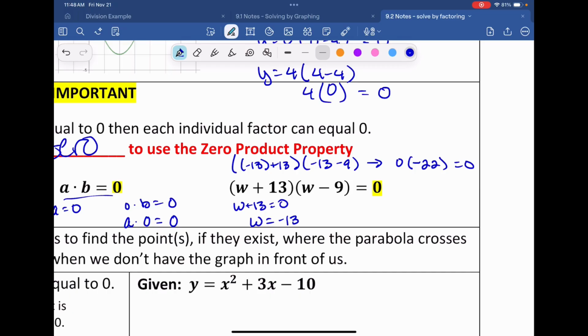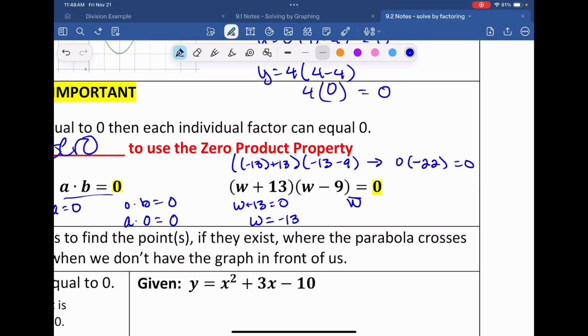All right, so the point is you set your factors equal to 0. My other one would be 9. If I plug in a 9, that one's 0. This one's 22. 22 times 0 is 0. Okay, so we factor, get the equations equal 0, solve.